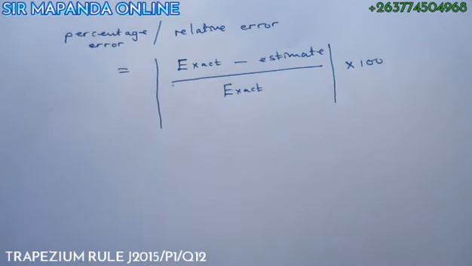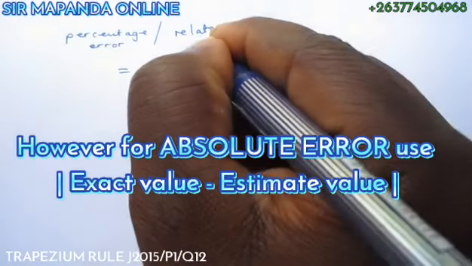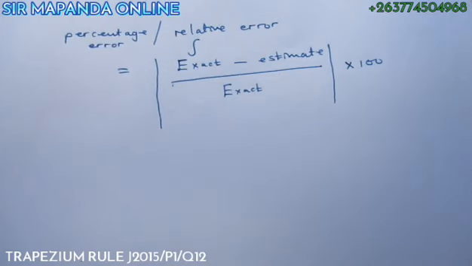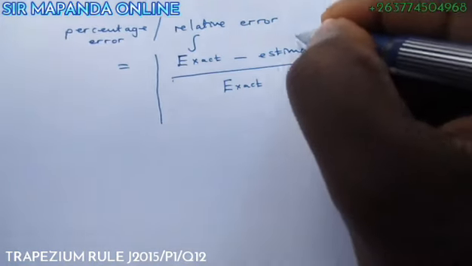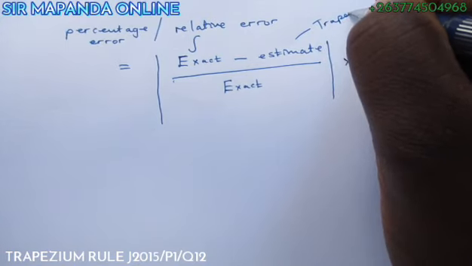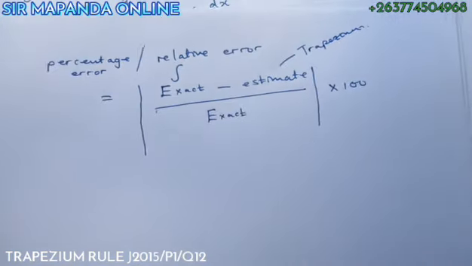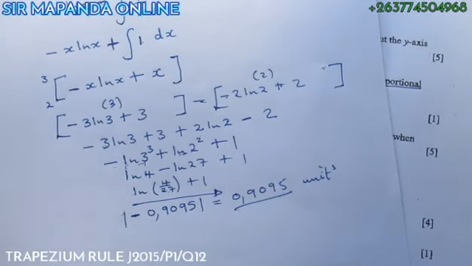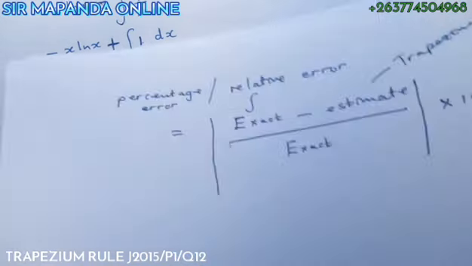Right, so to find the percentage error, or what you call the relative error, we use the formula exact value minus estimate over exact times 100. Exact value is the answer that was derived through integration. Estimate value is the answer that was derived through trapezium rule. I hope you are following. So from our workings, our exact value expressed to 4 decimal places is 0.9095.